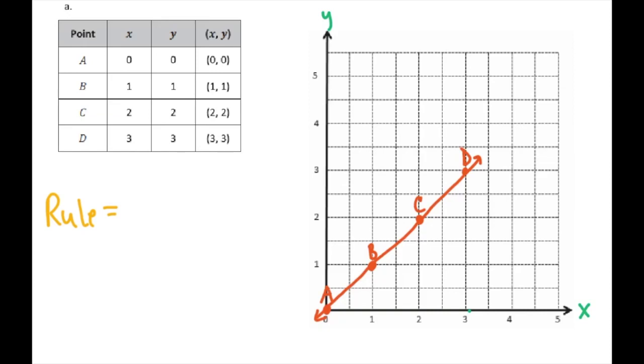The pattern that you may see is that the x-coordinate and the y-coordinate are always the same number. So I can say that the relationship between these two coordinates is that x and y are equal. So the rule I can record is x and y are equal.